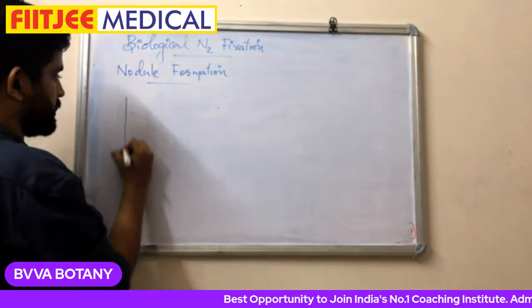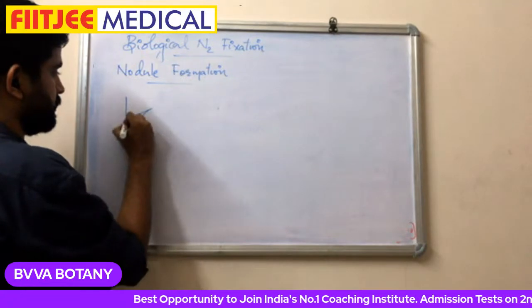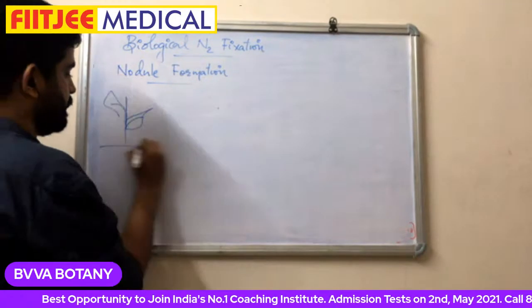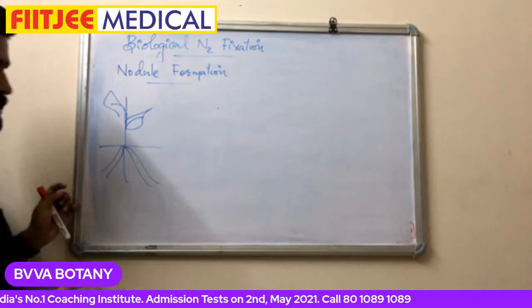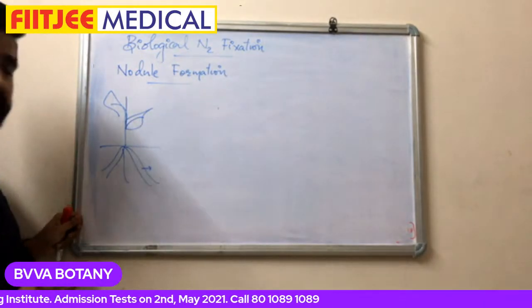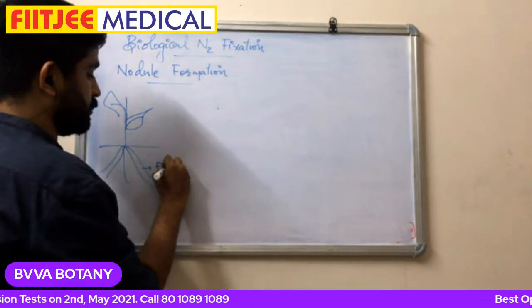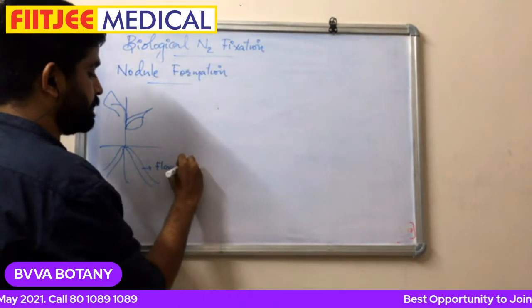Okay, so let's say this is a leguminous plant. When this plant is in the growth stage, it will release certain chemicals into the soil known as flavonoids.